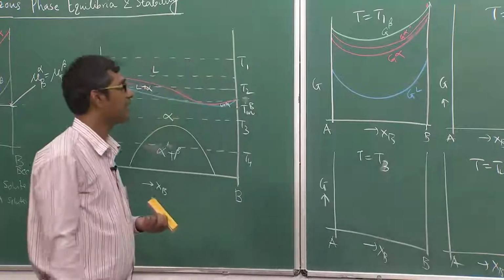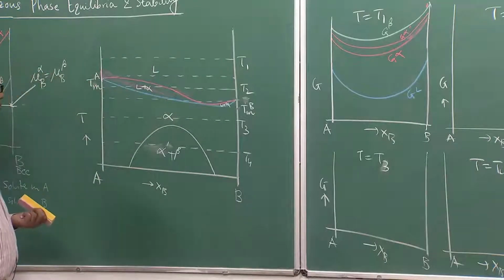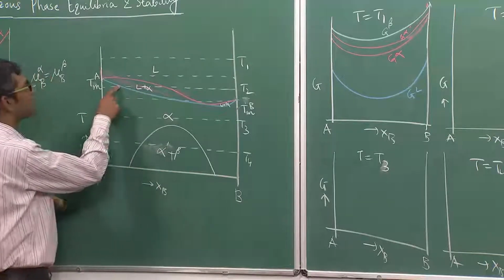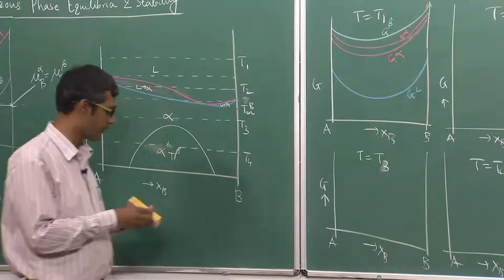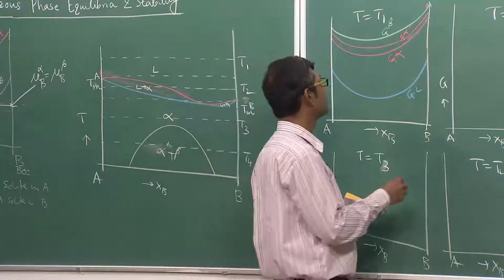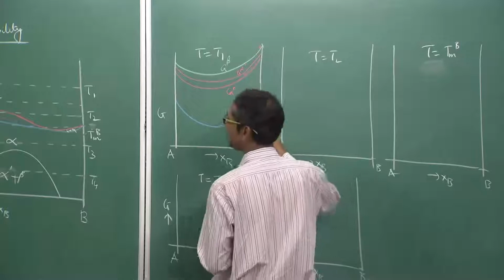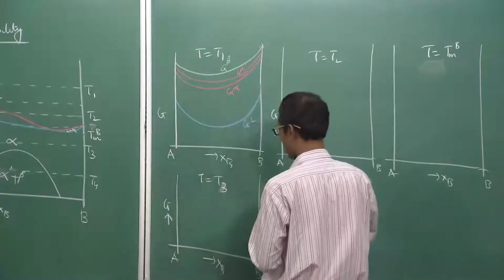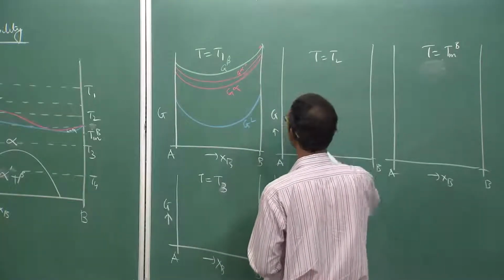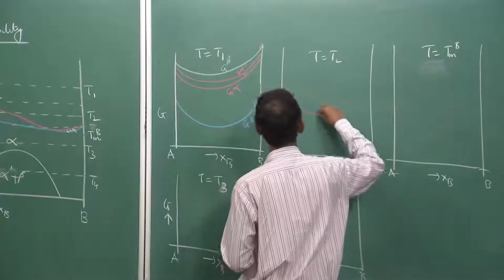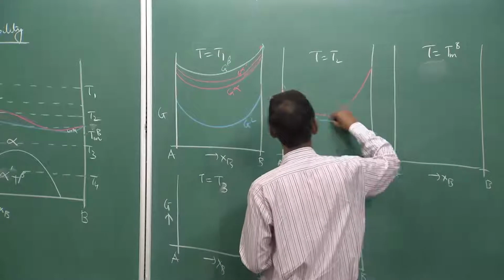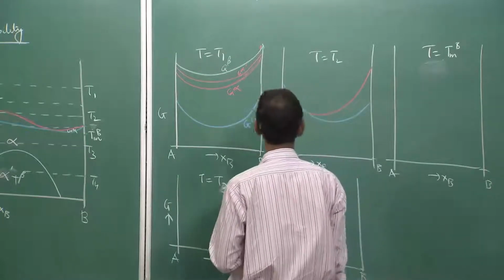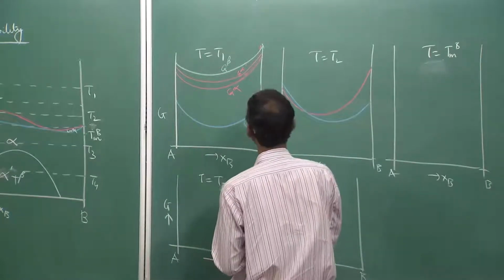So it is very clear that liquid is stable in all the composition range at T1. At T2 you can clearly see that in some range alpha is stable, in some range liquid plus alpha is stable, and in some range liquid is stable. That means there is a crossover between liquid and alpha. Let us do it quickly. That is the liquid. Let us first draw the alpha, because alpha is stable on the right side, and liquid, that is a crossover, and for beta and others there is no point.